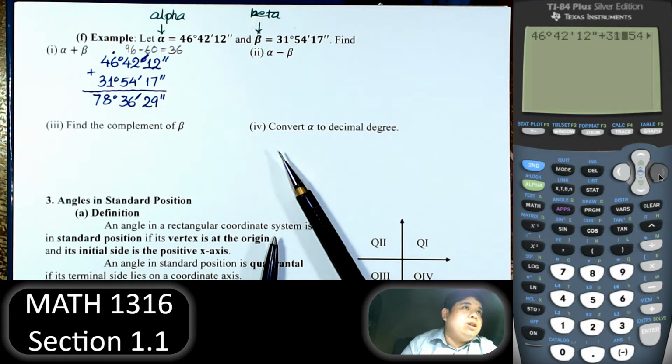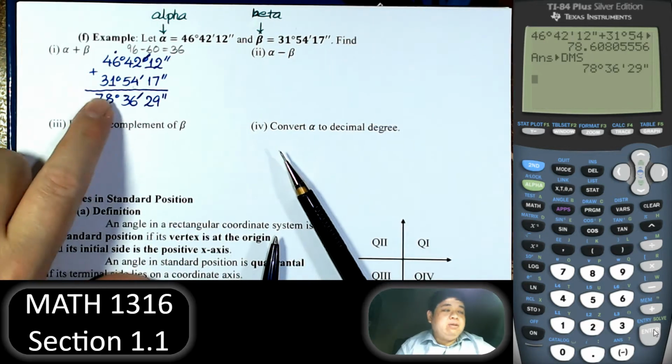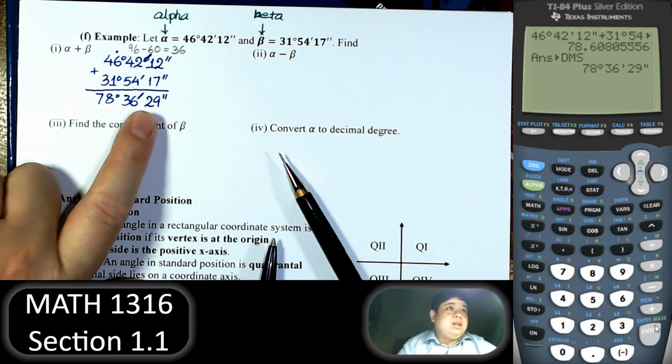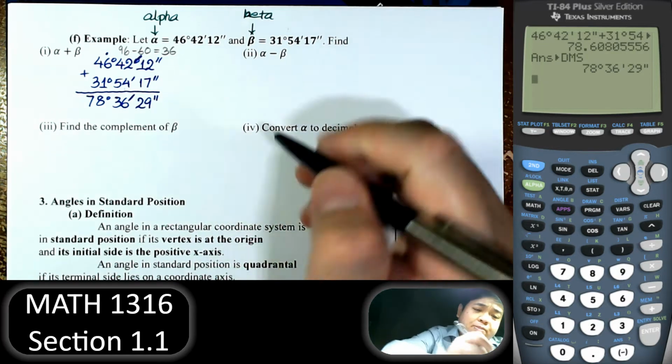Suppose you hit alpha and that key, right? And of course that's not what we have for the answer, but if we hit second, application and number 4, convert to degree, minute, second. So go to number 4, and we have 78 degrees, 36 minutes, and 29 seconds. Right, so that's how we do it using the calculator.